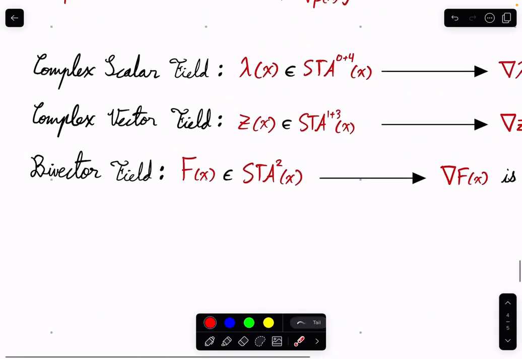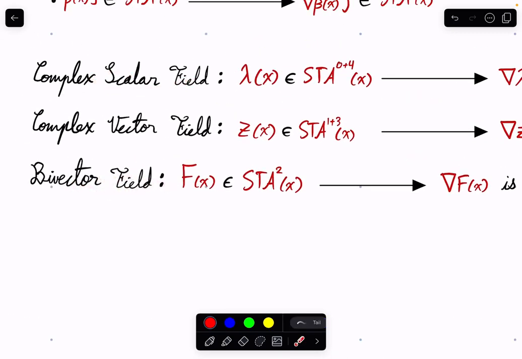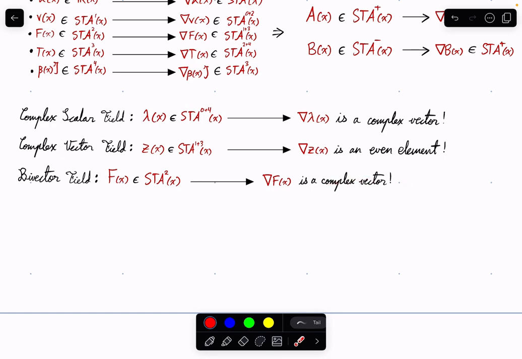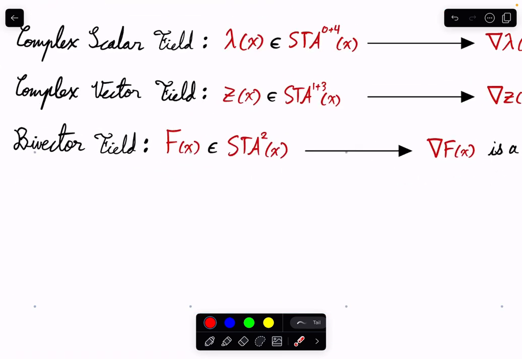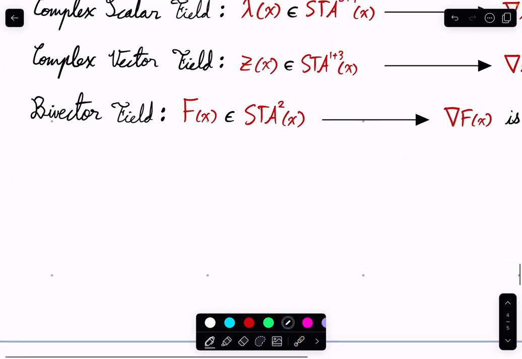So because both bivector fields and complex scalar fields give complex vectors, then you can say that there's an even field.